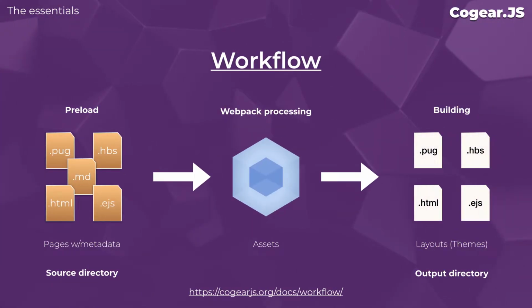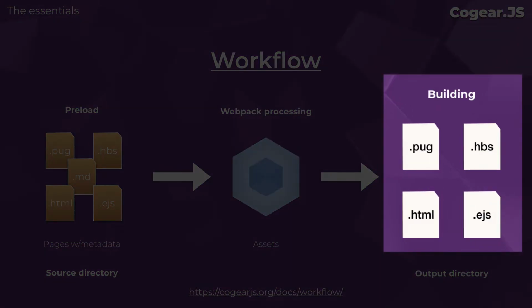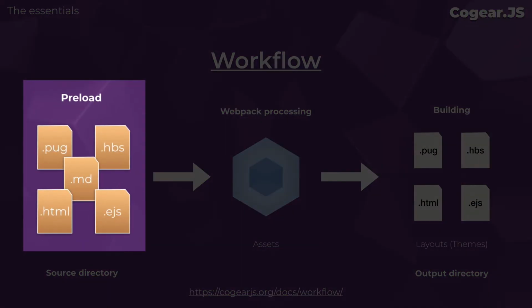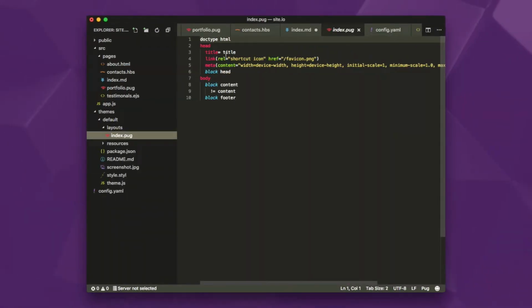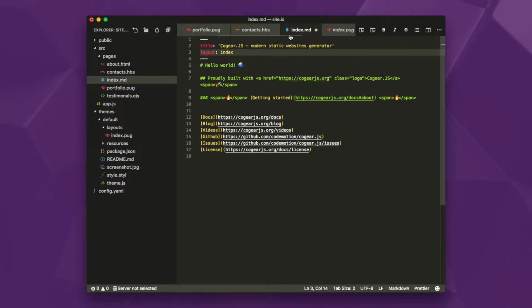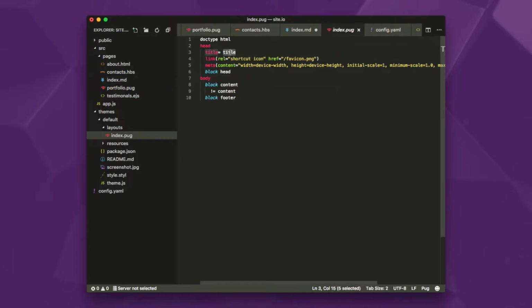Let me recall that layouts can be of the same formats as the pages, but with one exception. There can be no markdown layout. As you can see, the title variable, which is set in the page's metadata, is used there in the PAG layout.